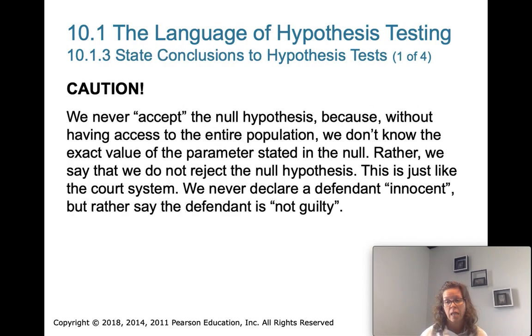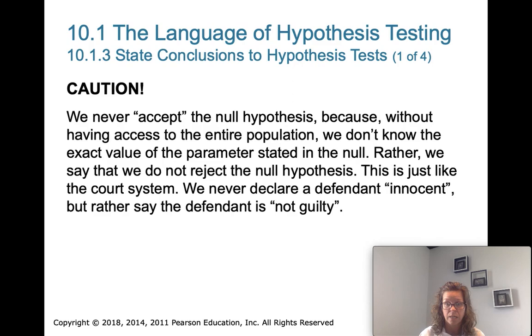And then this is a language thing, and it's very particular and it's very picky. We never accept a null hypothesis without having access to the whole population data. Rather, we say we do not reject the null. Okay, so we never accept the null. We say that we do not reject the null.